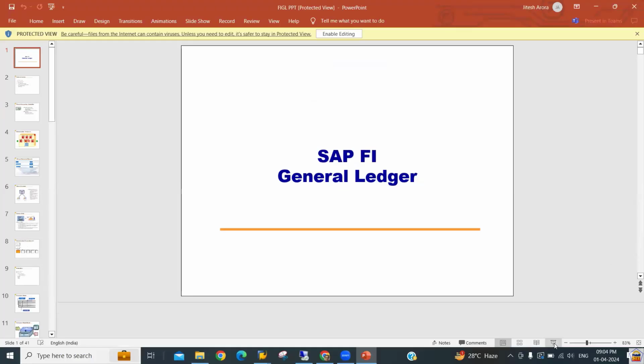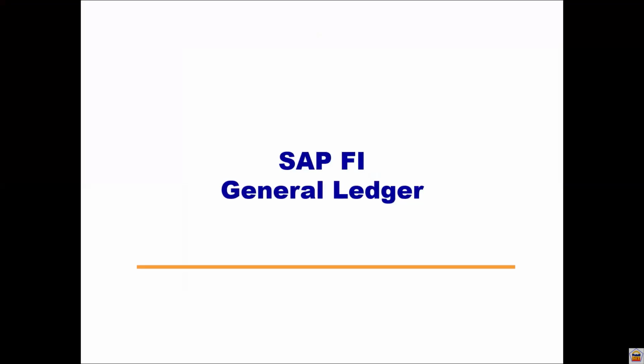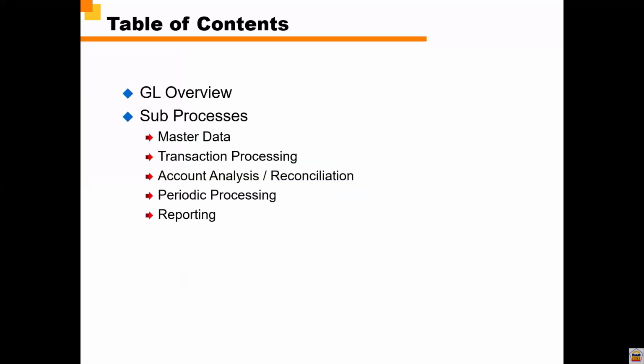This is the first component of SAP FI, and this general ledger accounting is also known as GL accounting. In this, primarily what we are going to do, we'll be creating the GLs, and these GLs we call them master data. In those GLs, we will be processing the transactions. Then after that, we will analyze and reconcile those transactions.